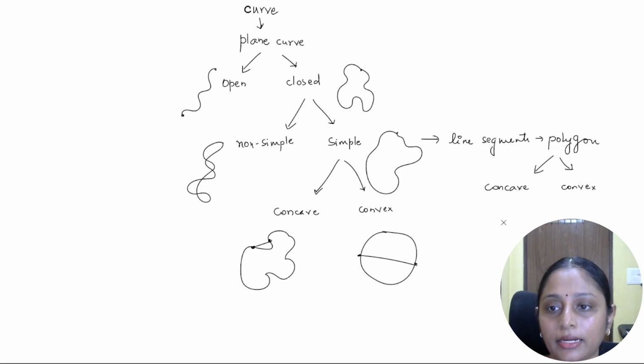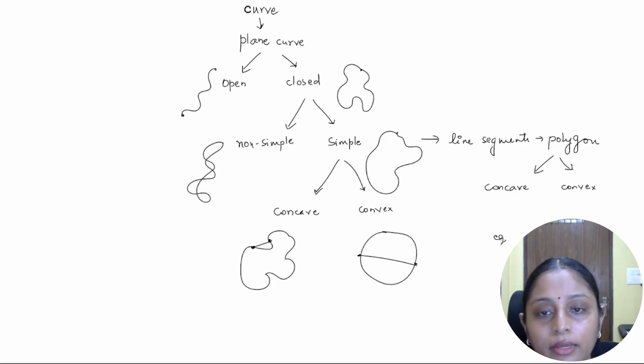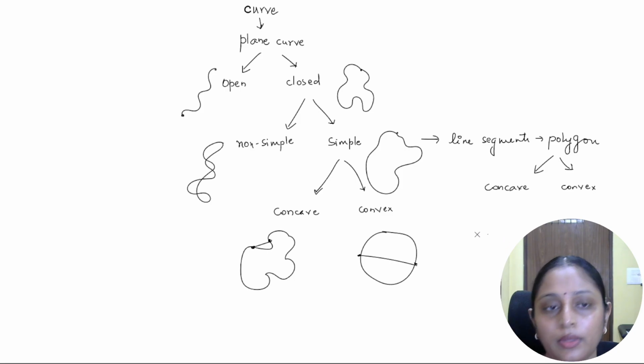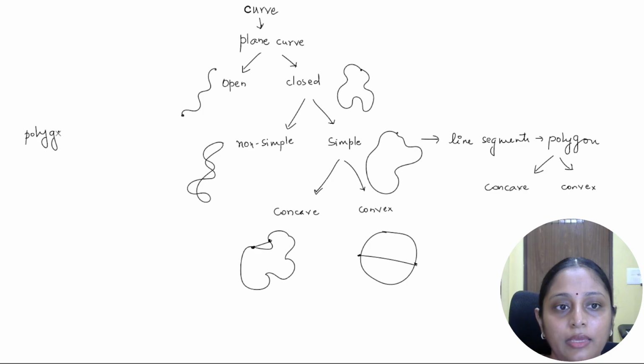Now what is that? If in a given polygon all angles are equal, that is, it is equiangular, and all sides are equal, that is it is equilateral.